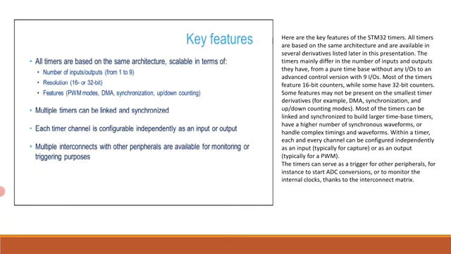The timers mainly differ in the number of inputs and outputs they have, from a pure time base without IOs to an advanced control version with 9 IOs. Most of the timers feature 16-bit counters, while some have 32-bit counters. Some features may not be present on the smallest timer derivatives, for example, DMA, synchronization and up-down counting modes.